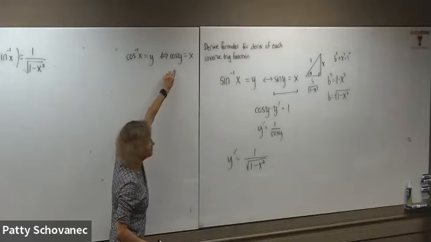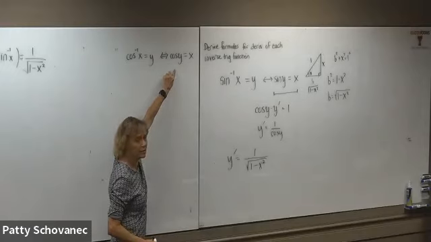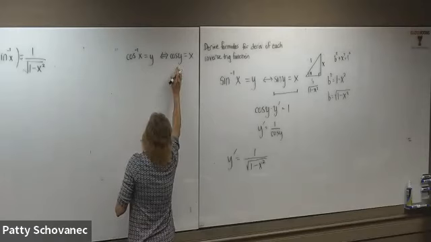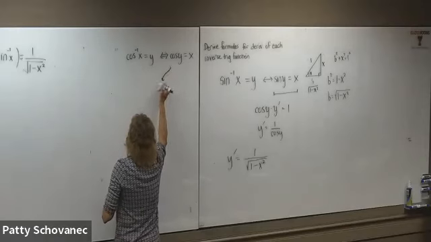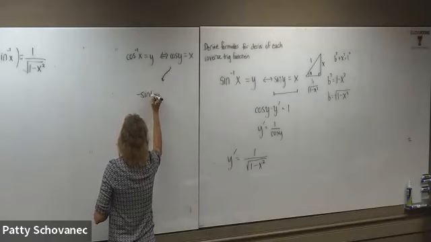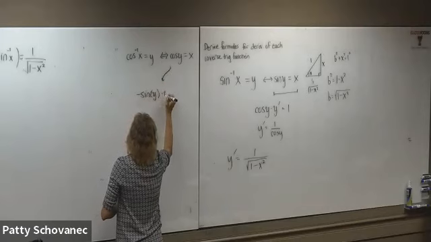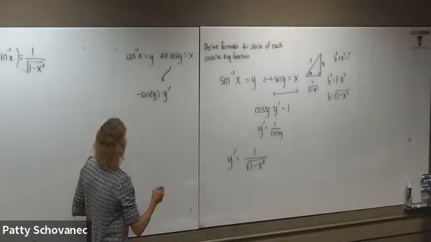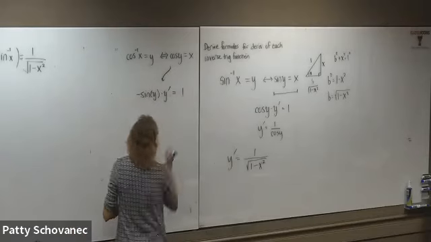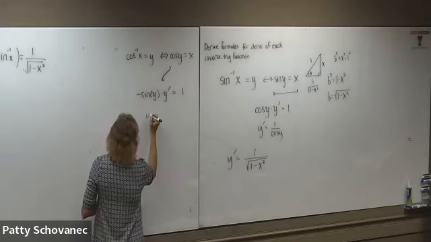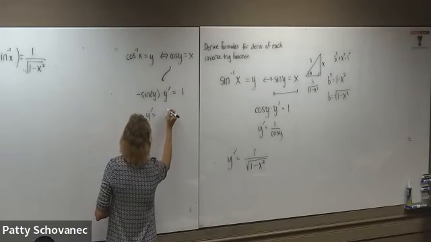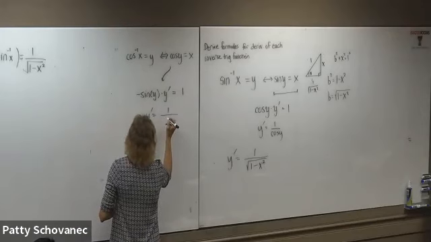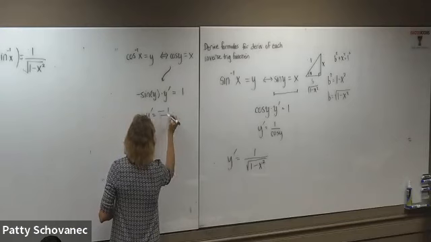Now we take the derivative of both sides of this equation. The derivative of the cosine of y is minus the sine of y. Now I take the derivative of the angle and get the y prime. On the right-hand side, the derivative of x is 1. And so I have y prime is equal to 1 over the negative sine of y. Let me put the negative right here.